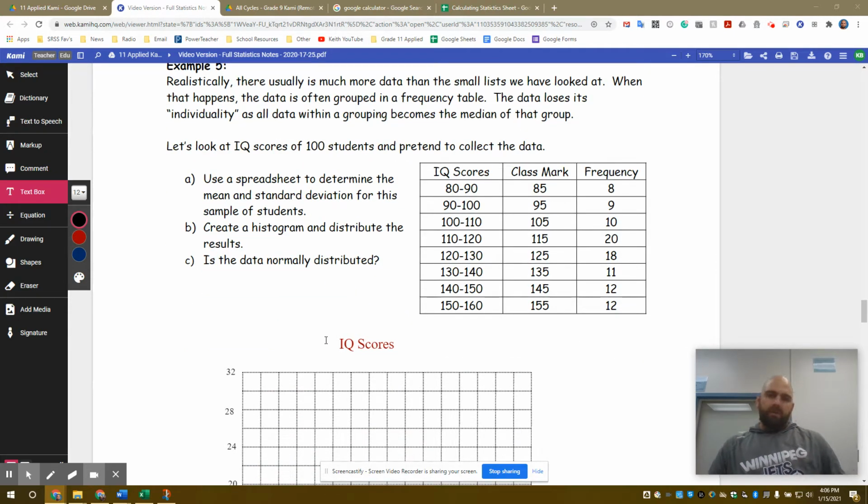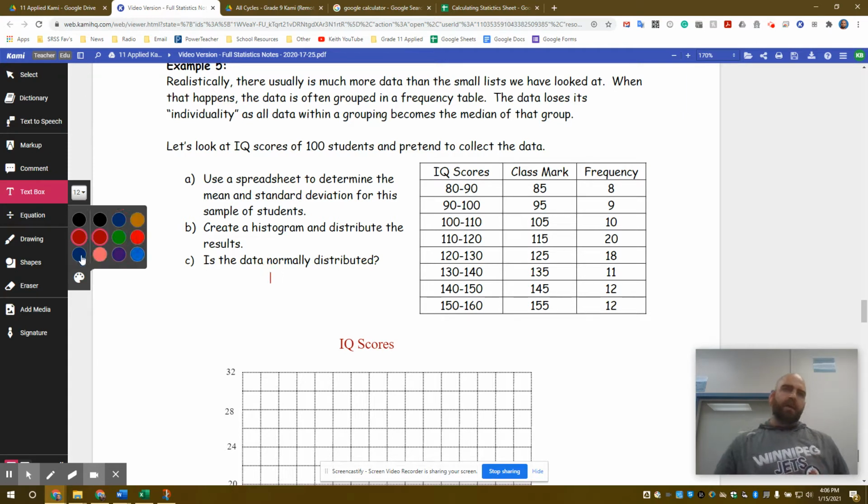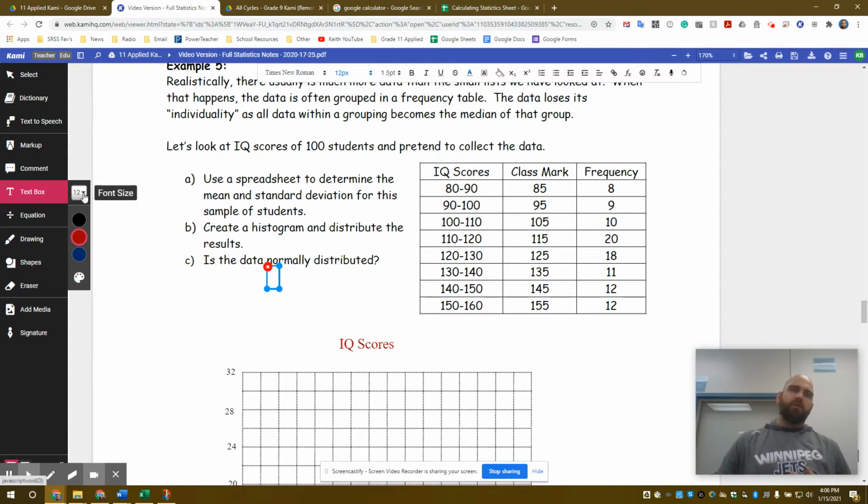So we can use that spreadsheet to find the mean, median, and mode. We've done that in the past, and I'll let you do that again on your own. I'm going to jump right away into showing you how to determine if something is normally distributed.